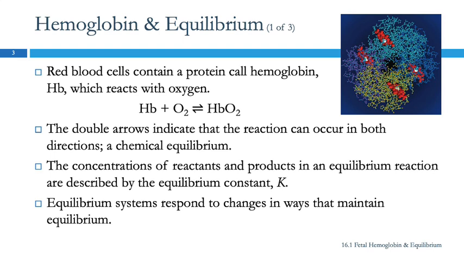The concentrations of reactants and products in that equilibrium reaction are described by the equilibrium constant. And equilibrium systems respond to changes in a way that maintains the equilibrium. So if we have a high concentration of oxygen, then the hemoglobin is going to pick it up and form this hemoglobin-oxygen complex.